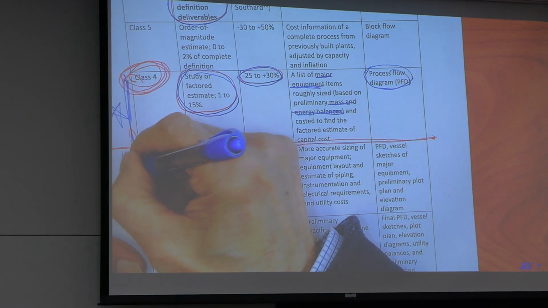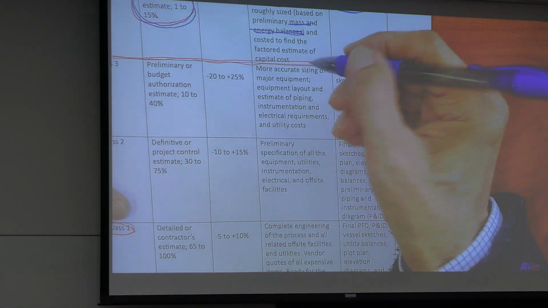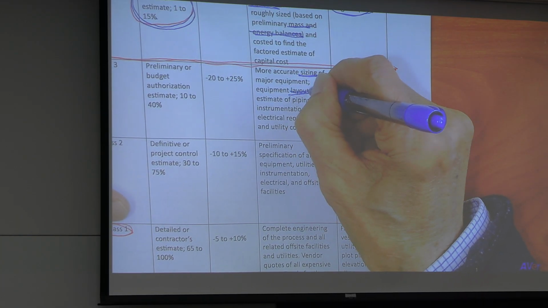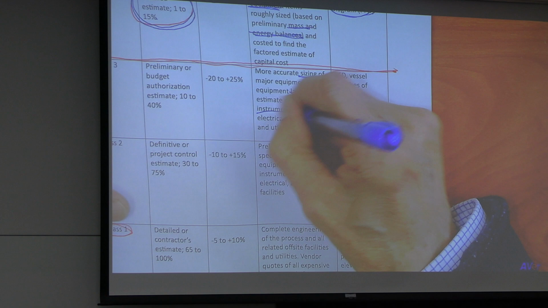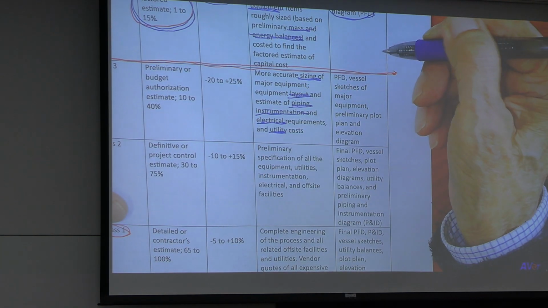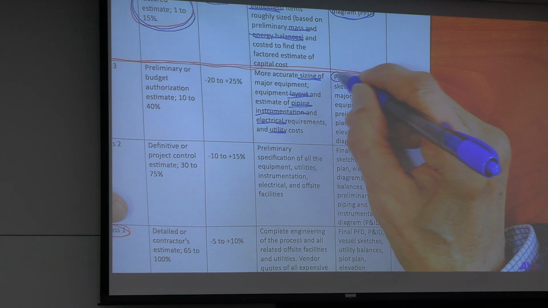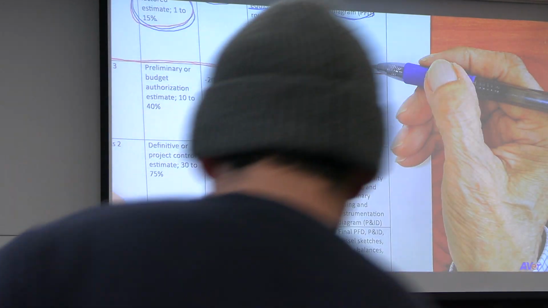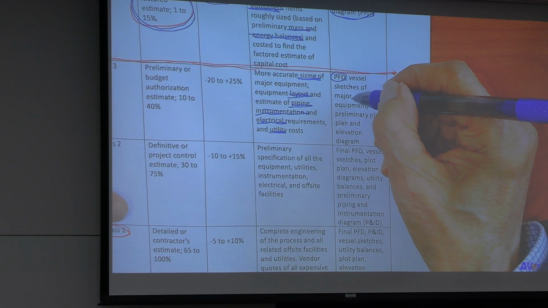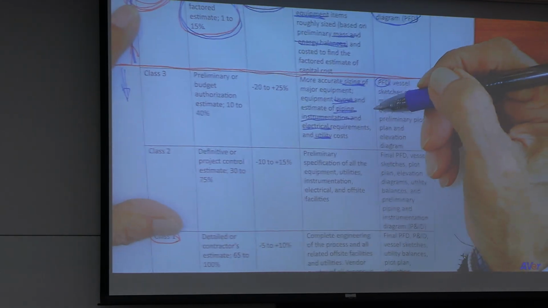Class 3. You need more accurate sizing of equipment, layout, piping, instrumentation, electrical, utility costs. In addition to the process flow diagram, vessel sketches, elevation diagram, and so on.